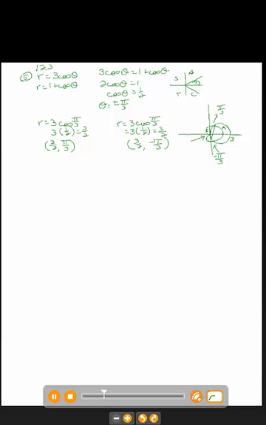If we look at the cardioid, as you plot points, you will notice that when you plug in pi, that's when you get 0. So for the cardioid, it's happening at pi. The circle passes through it at pi over 2.